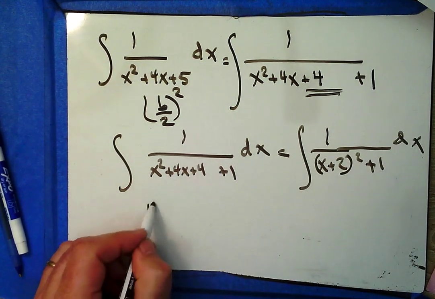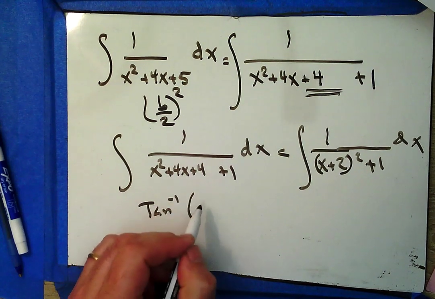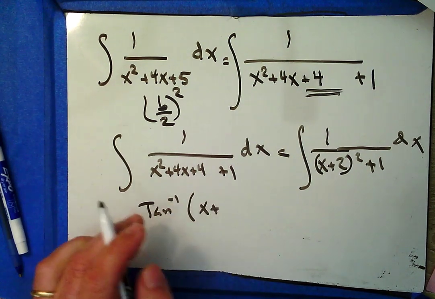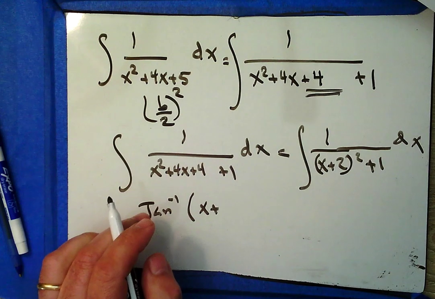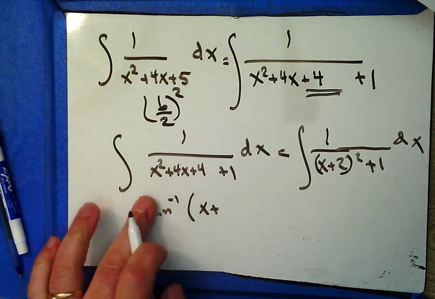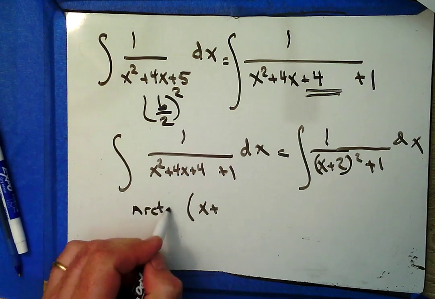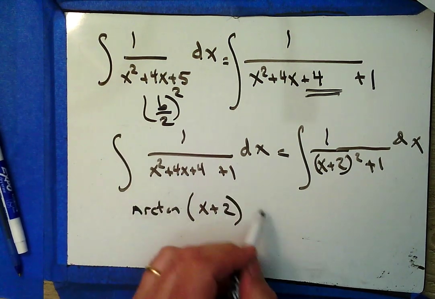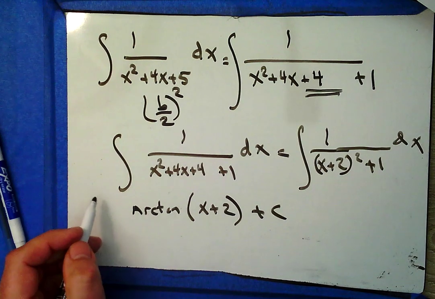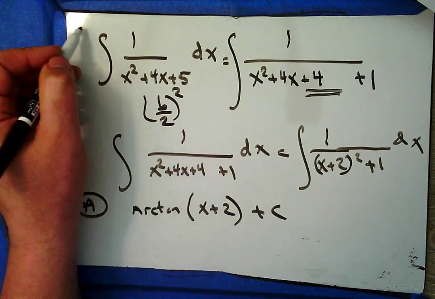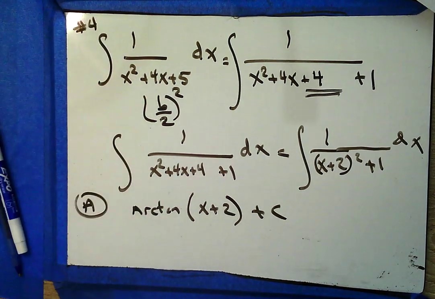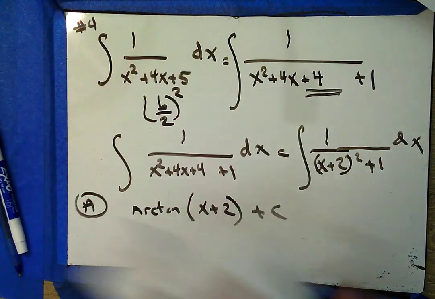We say arctan of x plus 2 plus c. And that turns out to be choice A for number 4.